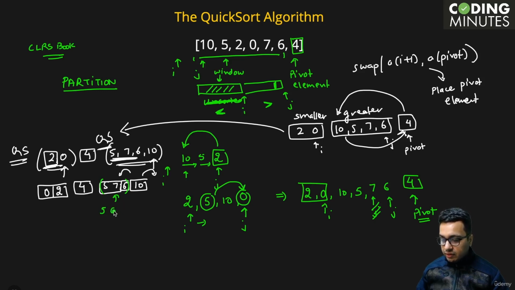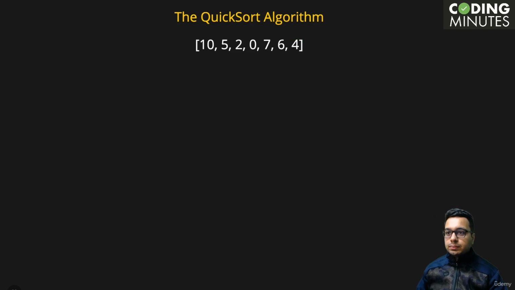It will become 5 6 and 7. And you will have a 10 here, and you will have a 4 here, and 0 and 2 here, right? So by making recursive calls, by dividing the problem further and further, we can actually sort this array, something similar to merge sort. So I hope you really understood the quicksort algorithm, and in the next video we will discuss the implementation.